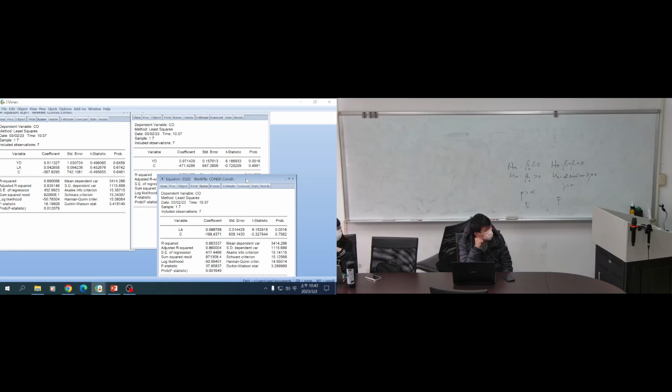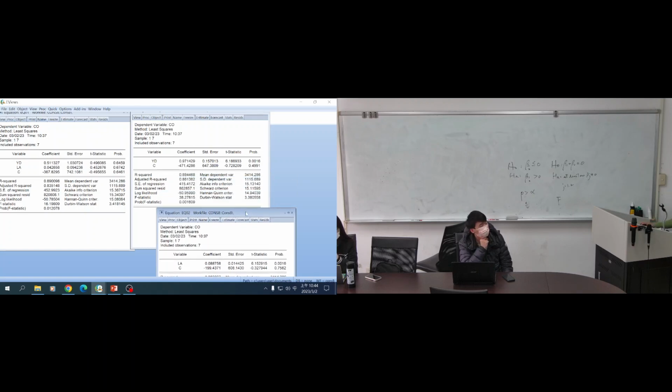But whatever, if I have only LA as a variable, the adjusted R square is as high as 86%, the same as YD. But when you put them together, the adjusted R square decreases because of their similarities. Their high correlation causes the OLS estimation to be confusing.